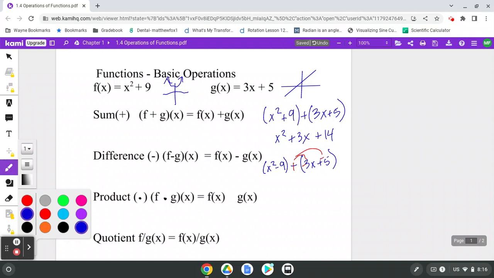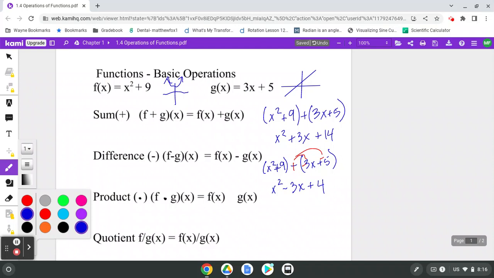At this point, we will get x squared minus 3x, and then plus 9 minus 5 gives us plus 4. I made a mistake earlier, it is supposed to be +9, not -9.